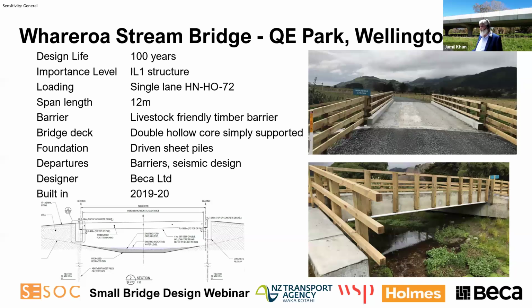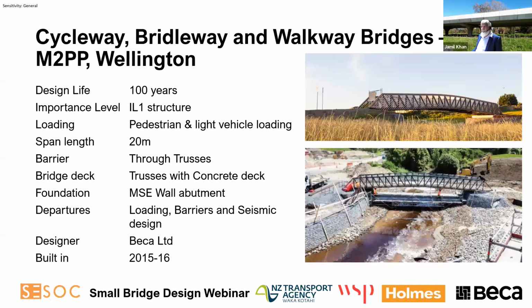Departures for this bridge were applied to the barriers and the seismic design. It was designed by Beca and built in 2019 to 20. I think the construction work was carried out when we were hit by COVID.